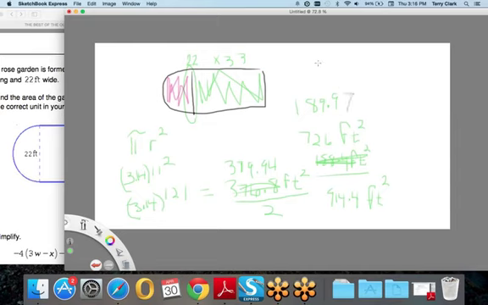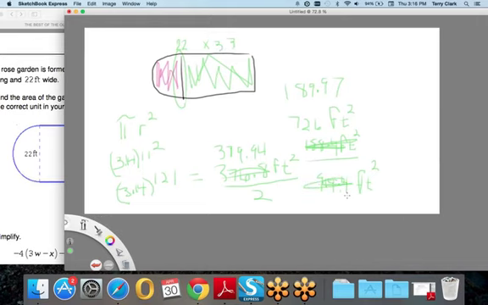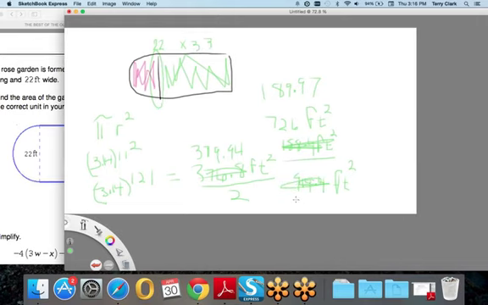Okay, so we take the 189.97, add that to the 726, and we come up with 915.97. Okay, and the square feet are still there.